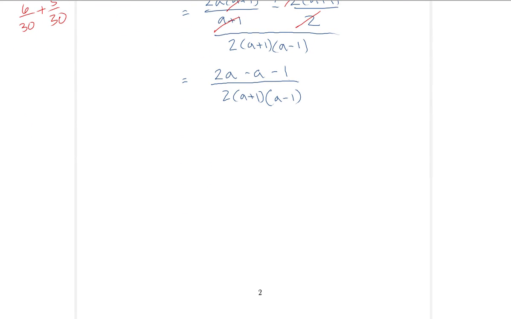And then I can clean up that numerator a little bit, so it's just a minus 1 over 2 times a plus 1 times a minus 1. And so you can see why it was so good that we left a minus 1 down here, because now I can see that it cancels out with the numerator, and if I would have multiplied stuff out down here, I wouldn't have seen that. So I go ahead and cancel, and then of course when you cancel everything from the top, what's really there still, of course, is a 1, right? So you have 1 over 2 times a plus 1.